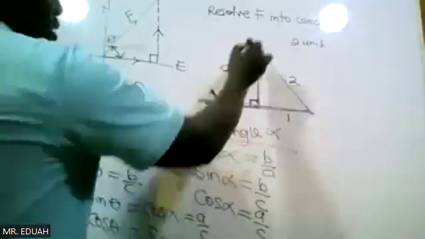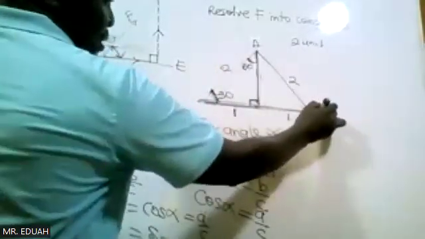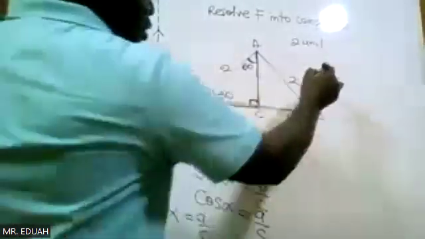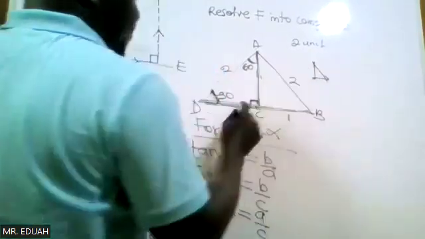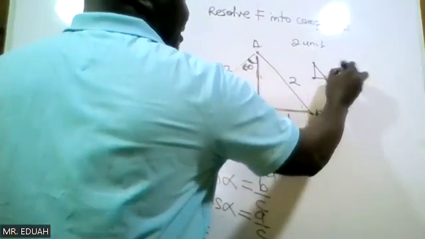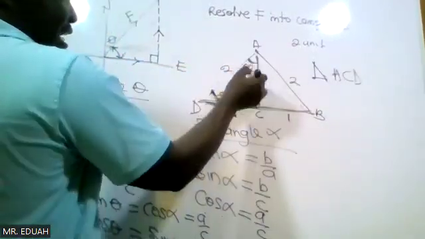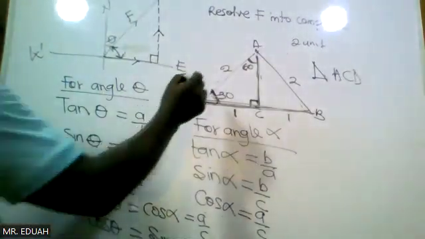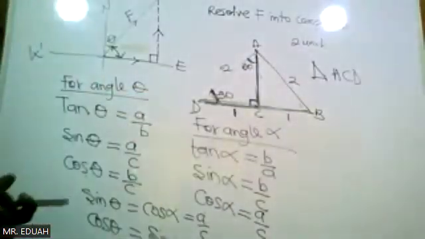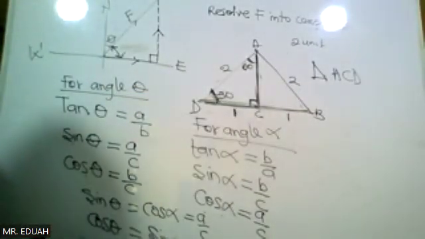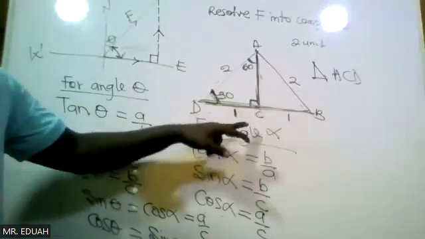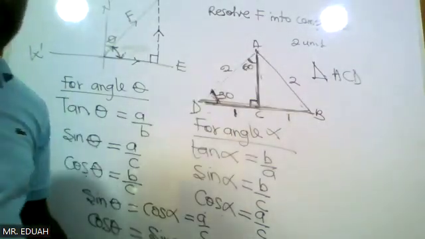Assuming we are using triangle ABCD, we are restricting ourselves to the right angle triangle ACD. So it's like looking at this triangle. Now, if this side is 2 and this side is 1, what will be the opposite side?